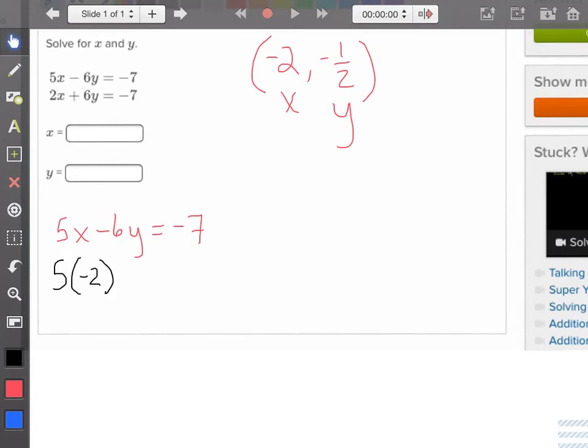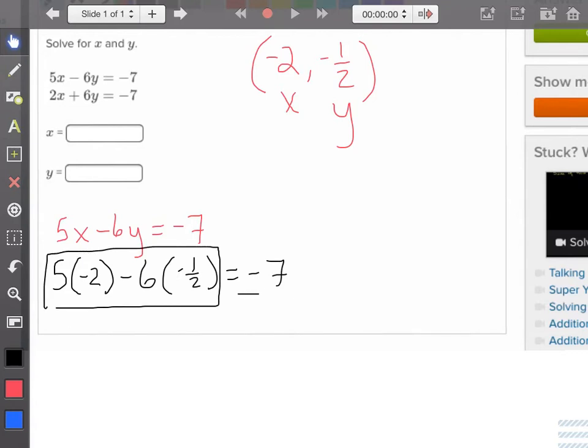Negative 2. Minus 6 times what? What's y? Negative 1/2. And that equals what? Negative 7. Now what we're saying is, when I evaluate all this on the left, it must equal negative 7. If it does, then you got the answer right.